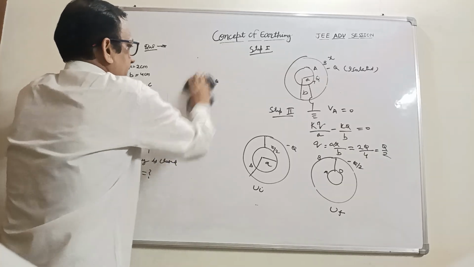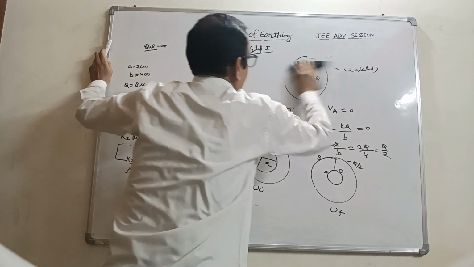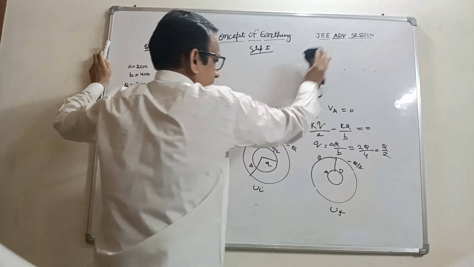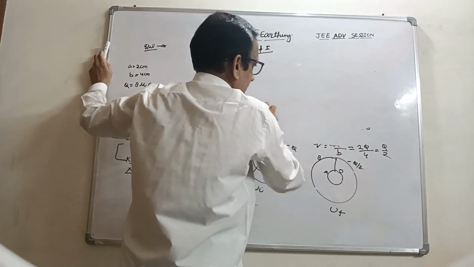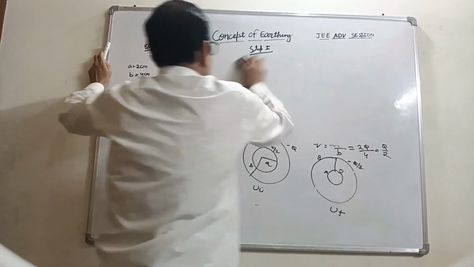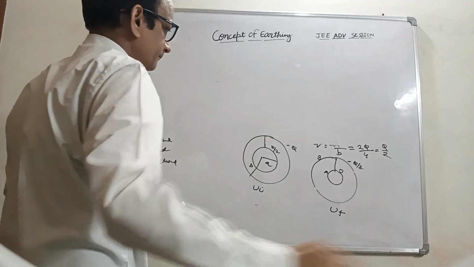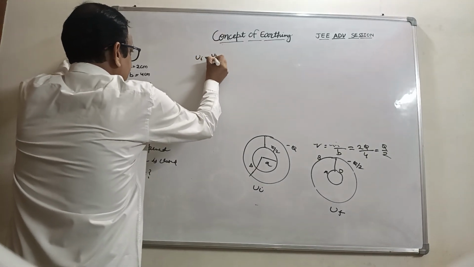So we calculate here the heat loss. Heat loss would be U initial minus U final.